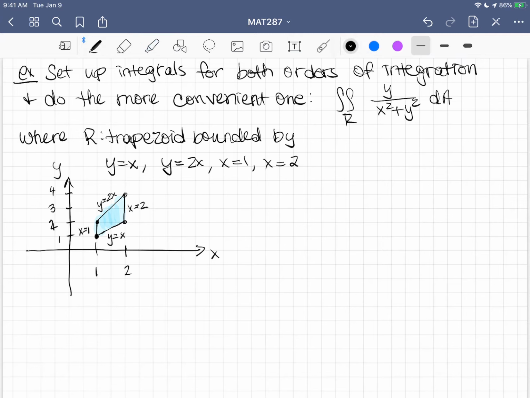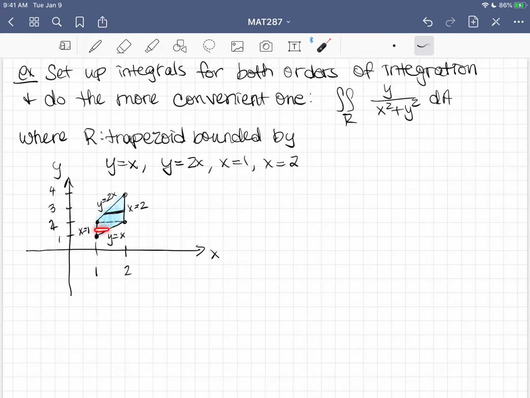Okay, let's start by setting it up taking horizontal slices. Okay, so horizontally simple. So what is the issue here? Well, if I'm down here, if I take a horizontal slice, x is going to go from the line x equals 1 to the line x equals y.